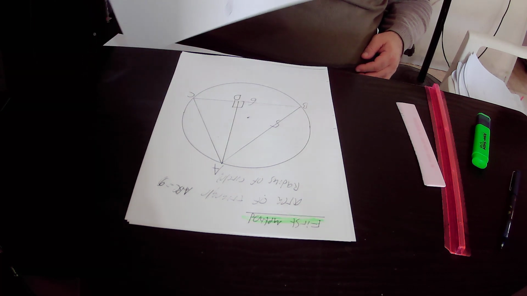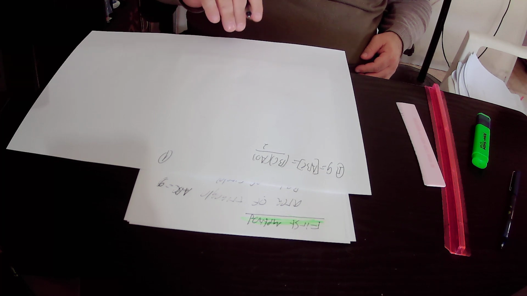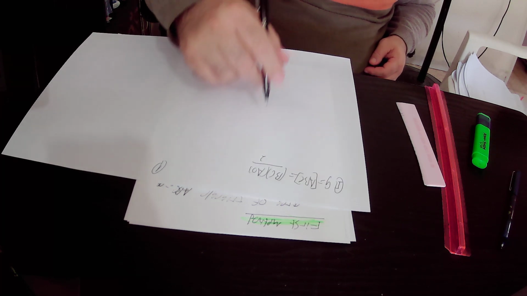Repeat again, the area of triangle ABC equals the base BC times the height AD over 2.